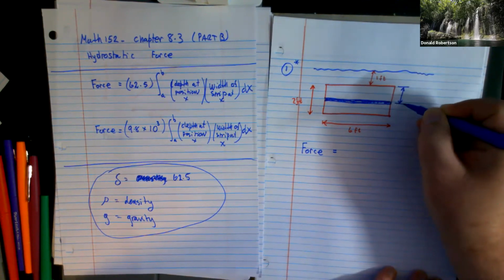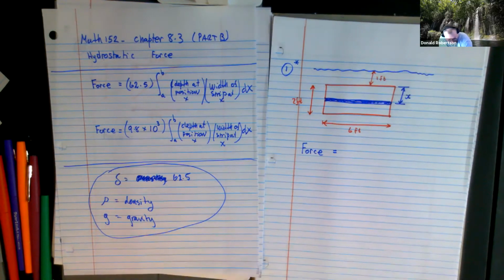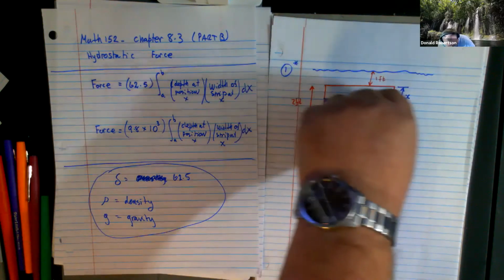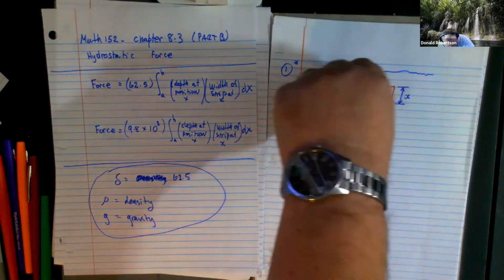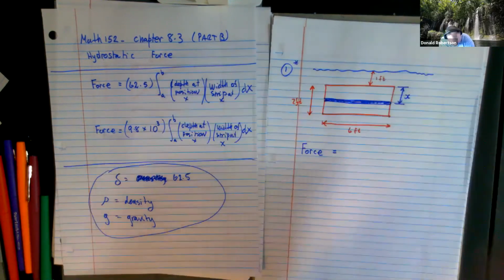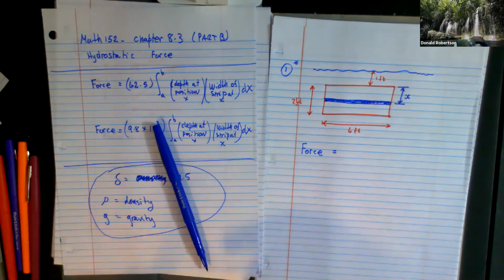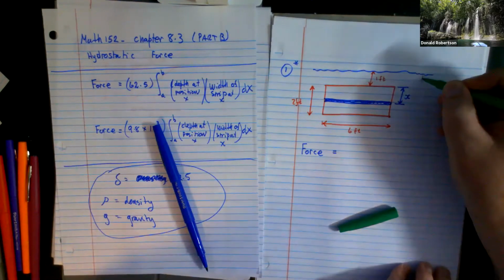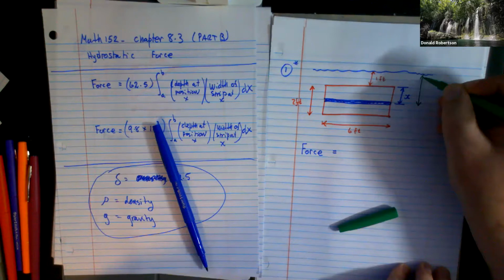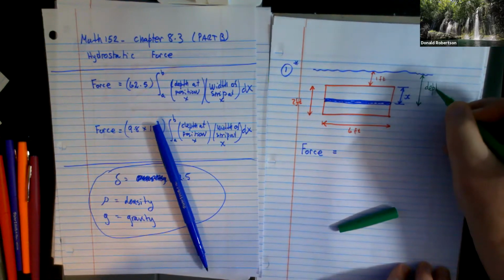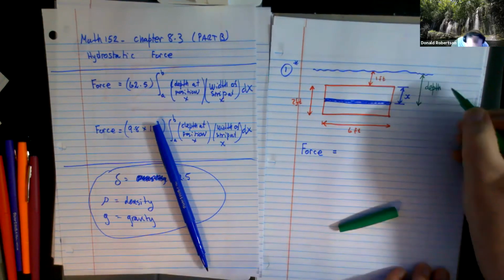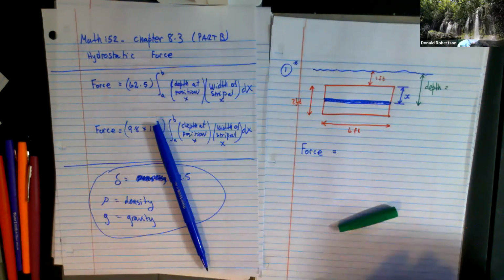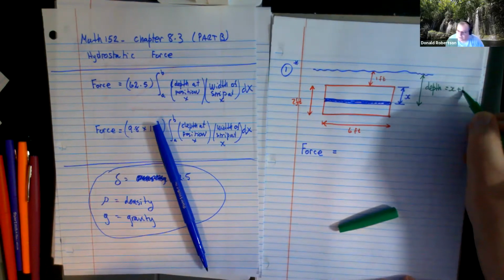This is the guy I'm going to call X. So from a random strip on this shape to the top, I'm going to call that distance X. Now, this strip is what we're talking about here. So when I say, what's the depth at position X, we're talking about how far under the water is that strip, in terms of X. Do you notice it's 1 foot plus another X? Are you happy about where the X plus 1 came from now?